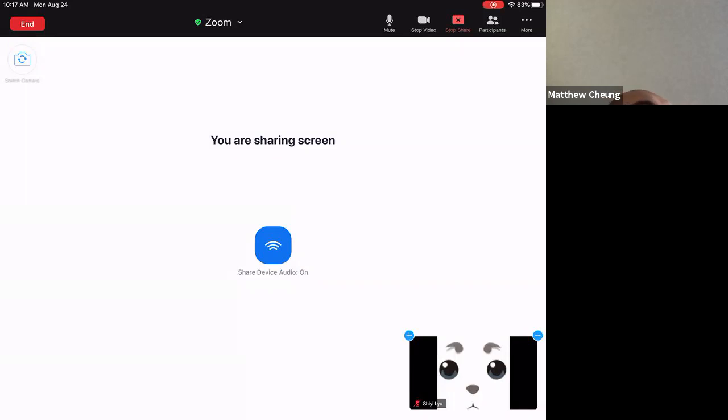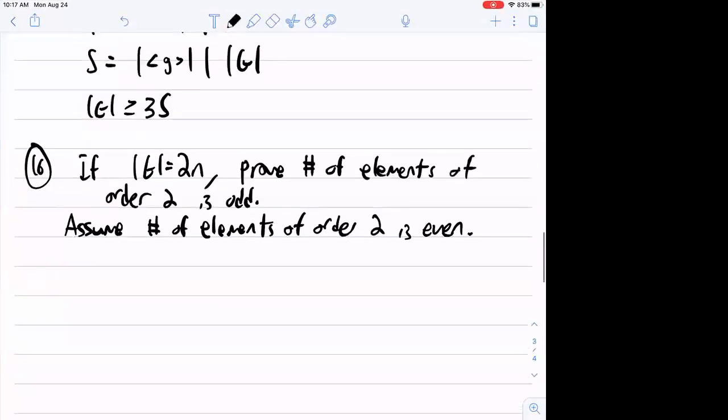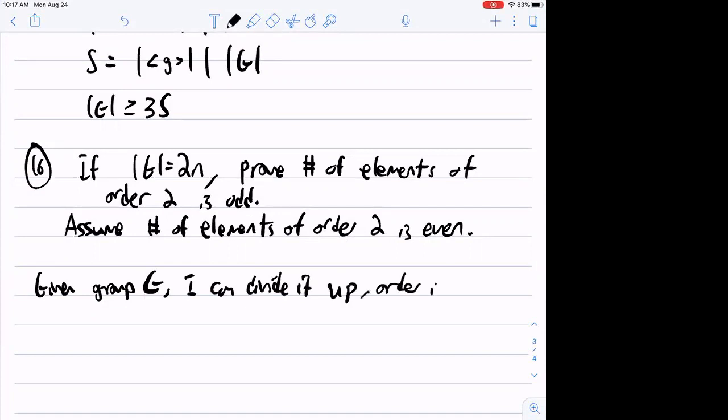So if I give you a group, can you divide it up? Given a group G, I can divide it up, right? I can order it in pairs. In what pairs?